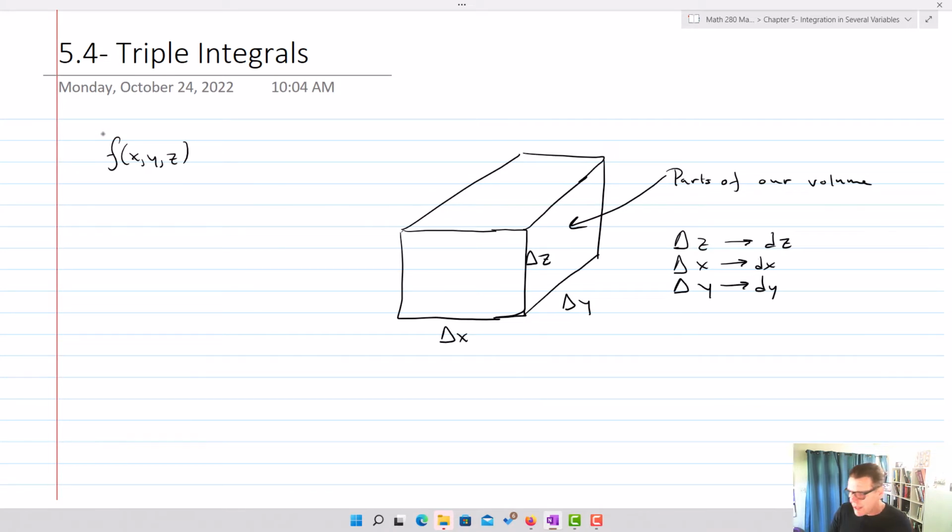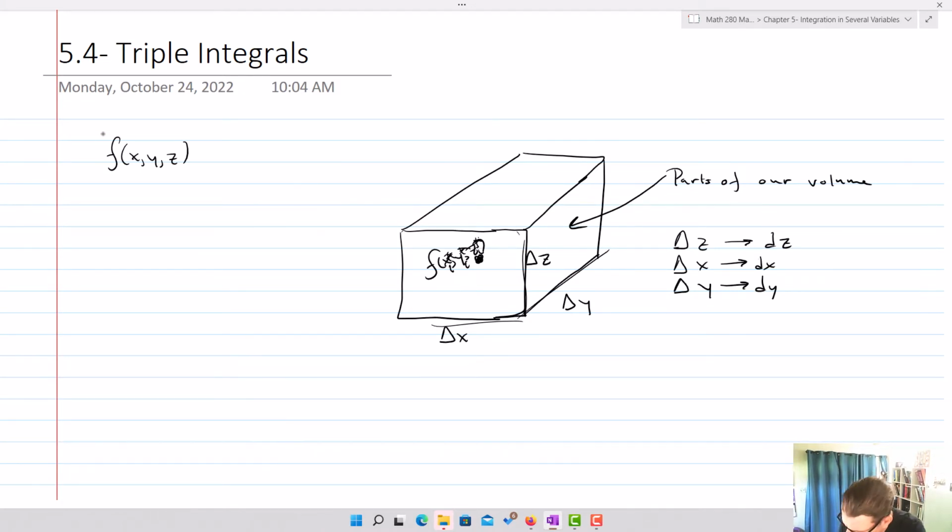And then what we're going to do is imagine that I've got a value called f of x, y, z sitting somewhere in the box. Essentially this is going to be whatever the value is for the fourth dimension. So you've got your delta x, your delta y, your delta z, and then you have f of xi star, yi star, zi star, and that'll be a value for your function.